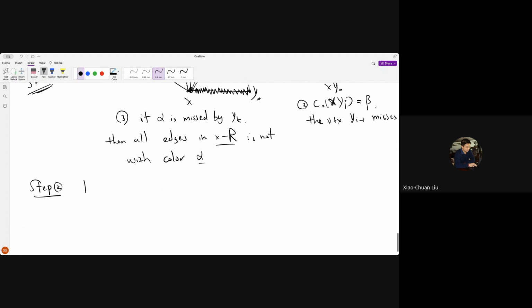We want to define new colorings, and we will change the graph also. So we define new colors and also change the graph at the same time.